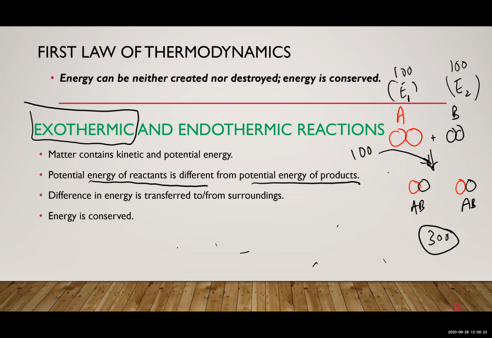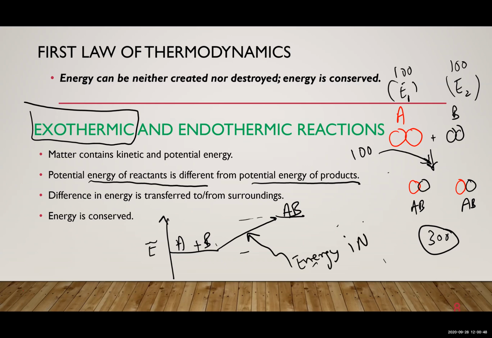So if the starting value of A and B is a certain energy level, and when they combine, the combined energy value is higher than what they started with, then this extra energy was given in. Energy in means absorbed. That's the only way that the product can have higher energy than the starting value. If the product has higher energy than the starting value, it absorbed from somewhere.